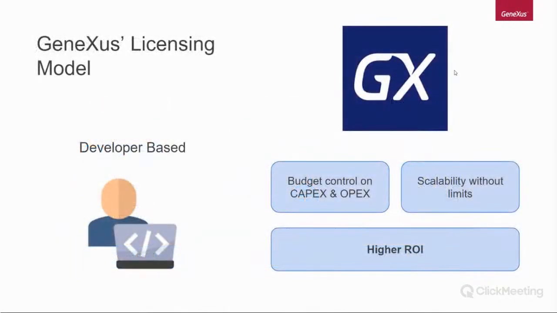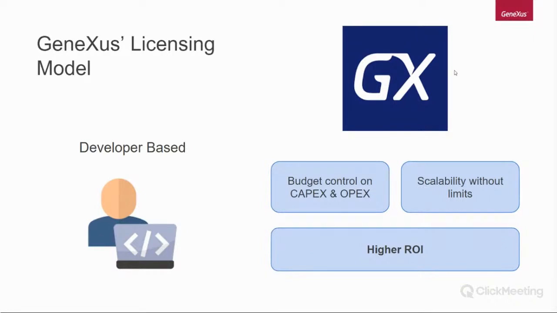In this case, Genexus uses the developer-based licensing model, which, as I mentioned before, has two main advantages on the investment and on the expenses. First of all, we'll have a tighter grip and budget control on both the capital expenditures as well as the operational expenditures.